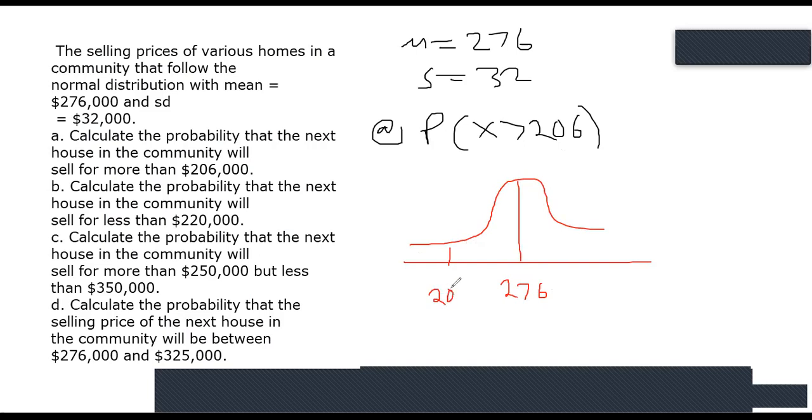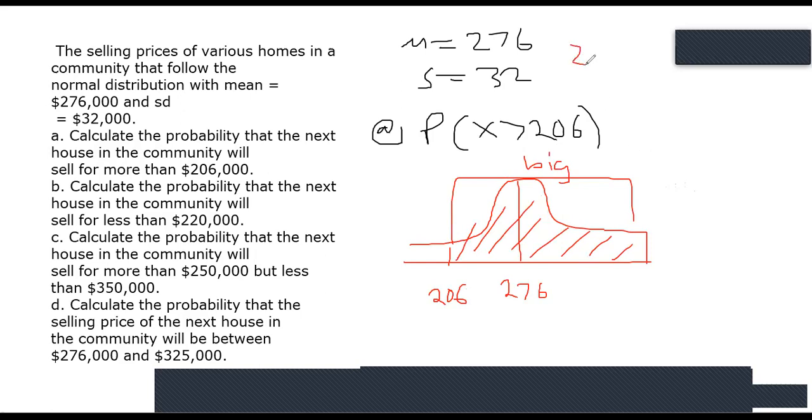Where are we going to shade? On the right, because it says greater. Shading is big, so we'll redirect. As simple as that.